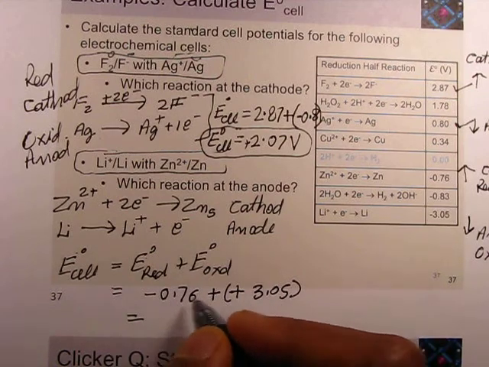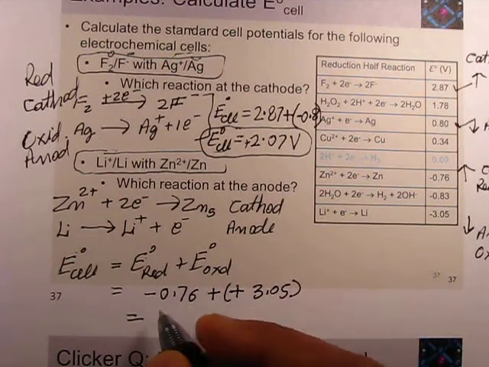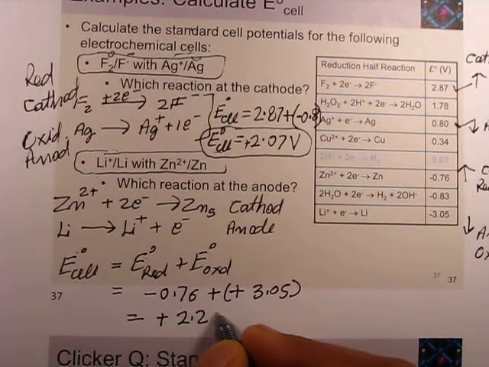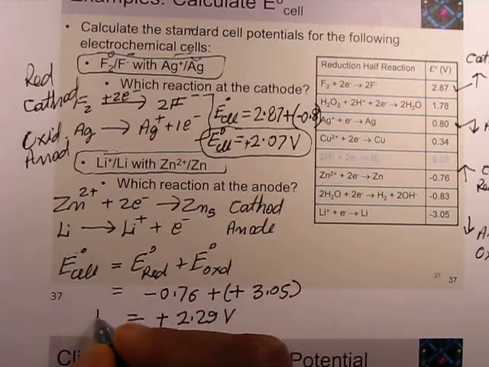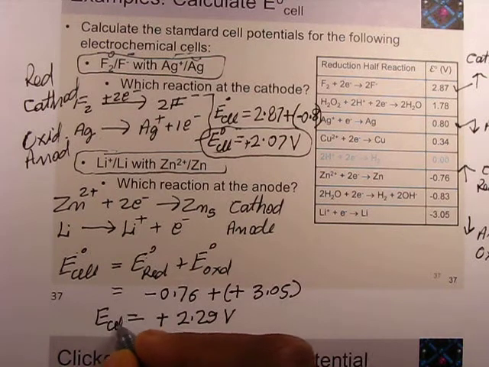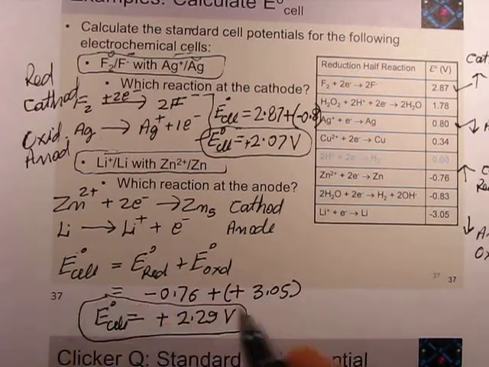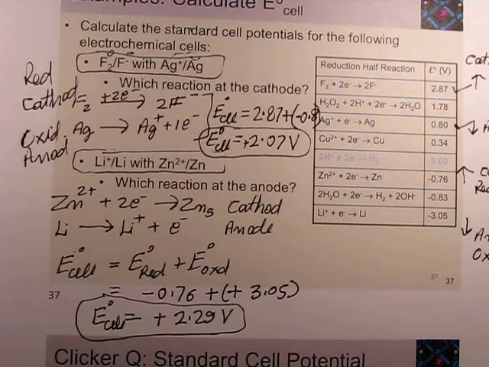Basically we are going to subtract, so E cell will be positive, 2.29 volt. So these were two examples of how we can calculate the E cell potential for this type of reaction.